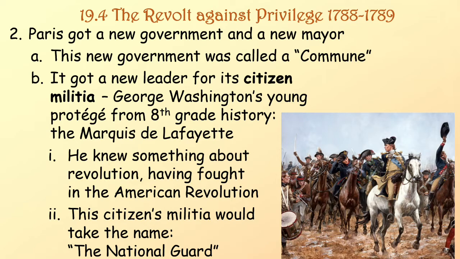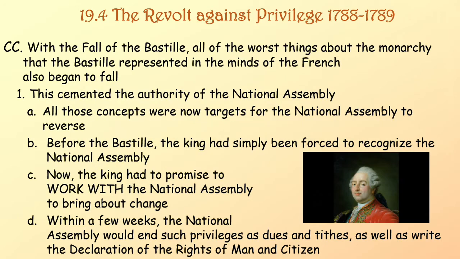With the fall of the Bastille, all of the worst things about the monarchy that the Bastille represented in the minds of the French also began to fall, and this cemented the authority of the National Assembly. All those concepts were now targets for the National Assembly to reverse.